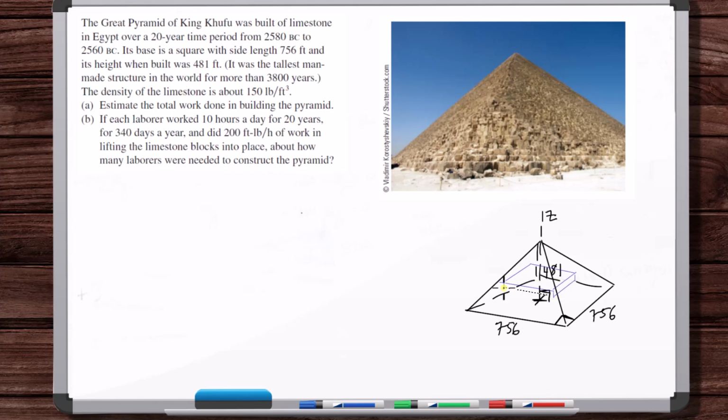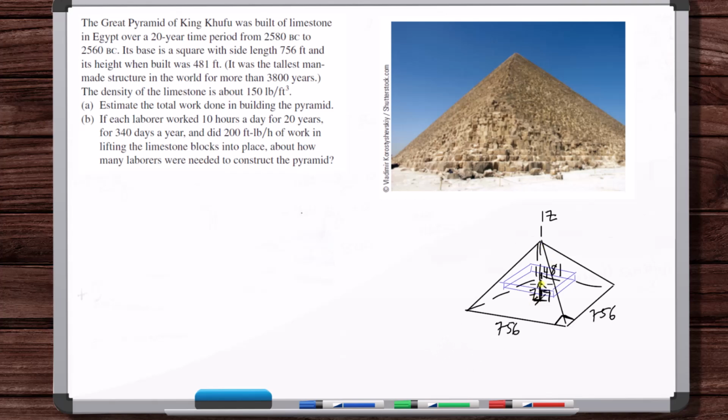So we've got these elements here, these rectangular prisms that represent a certain volume of limestone, okay? But we're not trying to calculate the total weight of the pyramid. We're trying to calculate the work done to build it. And so the idea is each one of these rectangular prisms is lifted z above the ground.